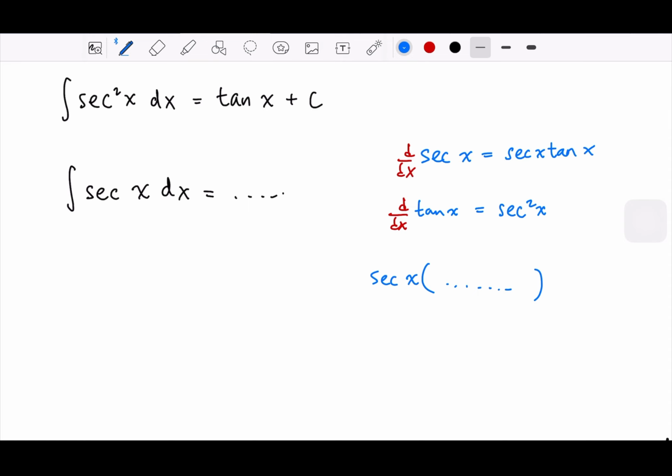So probably if we take the secant here and multiply with something, maybe secant x plus tangent x, we will have secant squared x plus secant x tangent x.